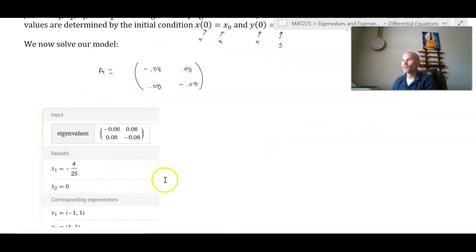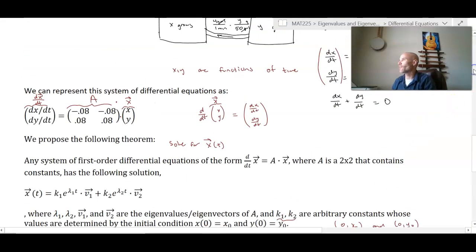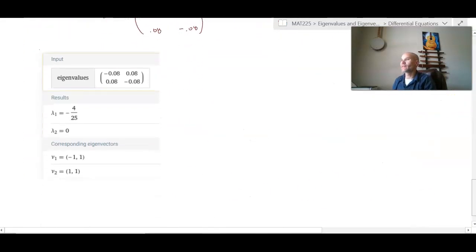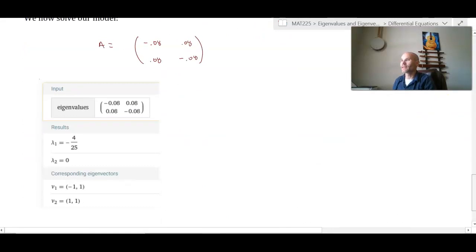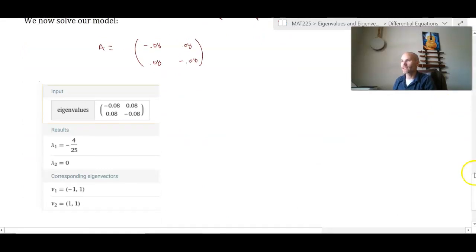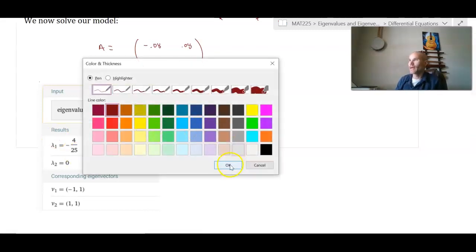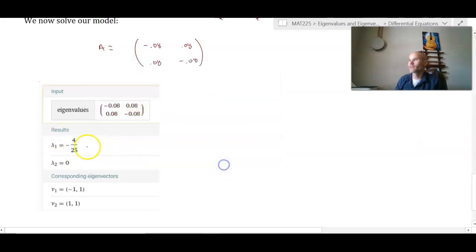So here I've produced those using Wolfram Alpha, and we have lambda 1 is negative 4/25. Let's see, we could probably just leave that as a decimal. Yeah, that comes out to negative 0.16.